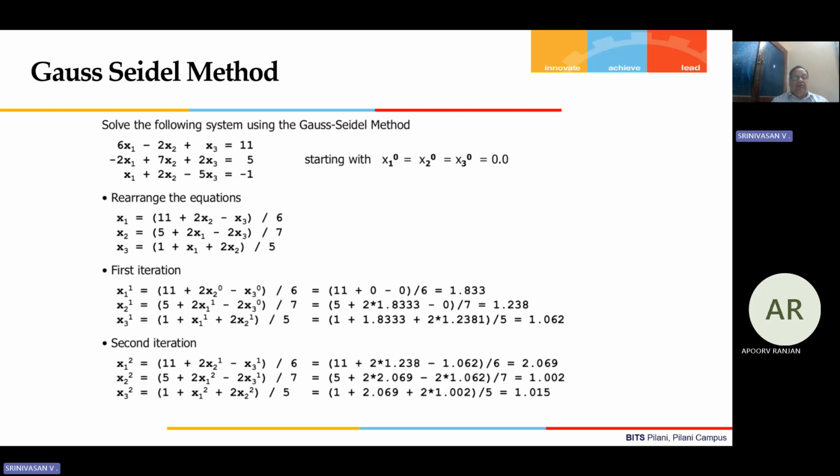Therefore, x1 can be written as 11 plus 2x2 minus x3 divided by 6. x2 is 5 plus 2x1 minus 2x3 divided by 7. x3 is equal to -1, is it -1 or +1? I think it should be 1, it seems. Everywhere it is given only 1. So in the question also it should be 1, it seems.